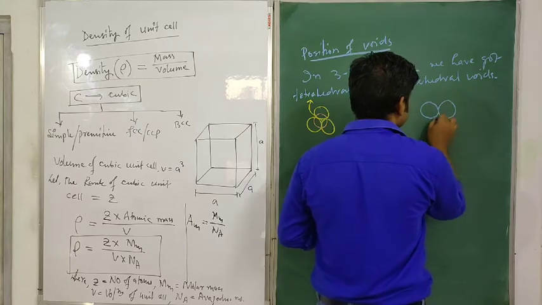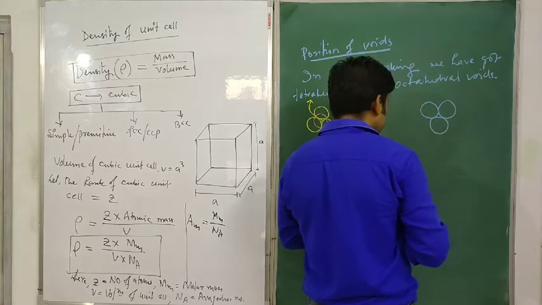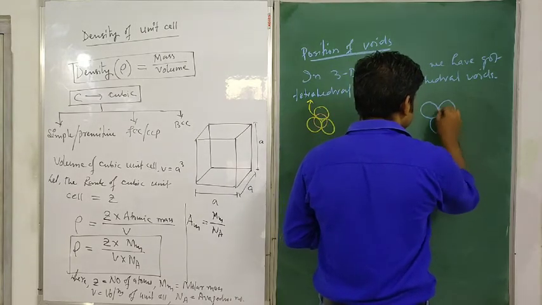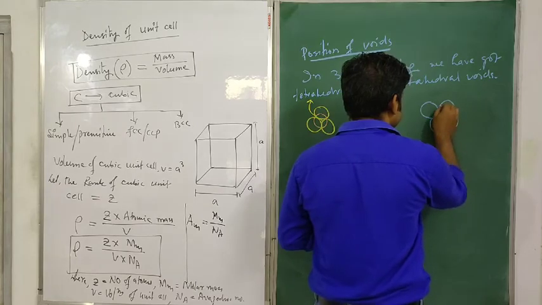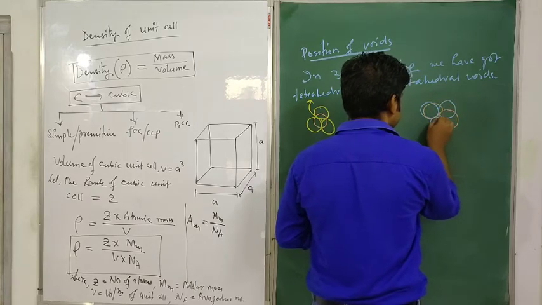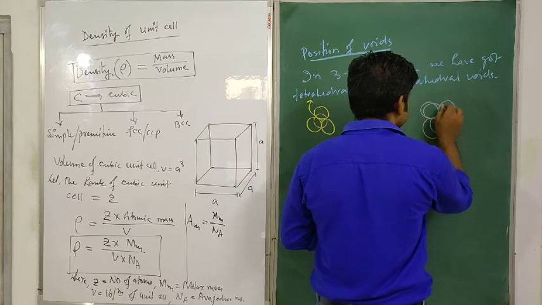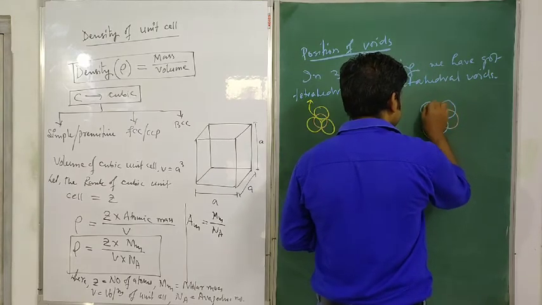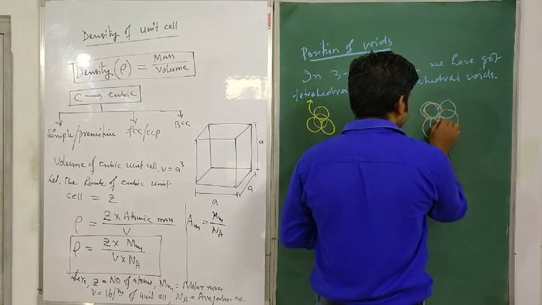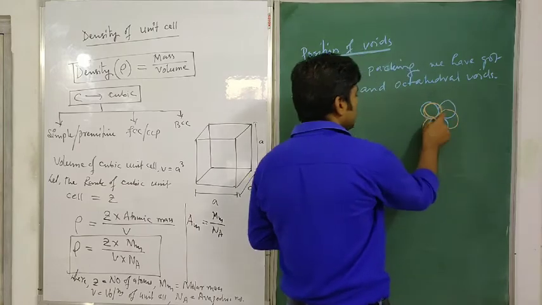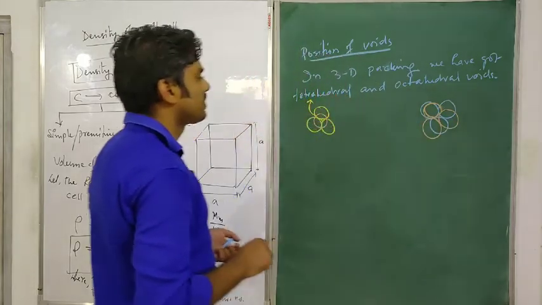It's formed by 6 atoms. So you could put the other atoms this way. Okay, it's a little distorted. Put it like this, and whatever void you have got here, this void is your octahedral void.